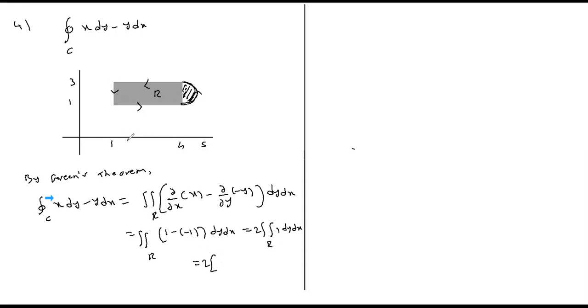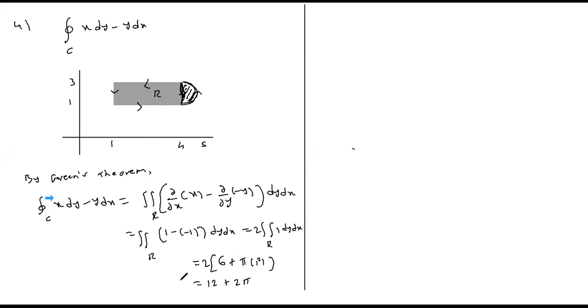Length is 1 to 4, the length is 3, and 1 to 3 the distance is 2, so 3 into 2 is 6, plus pi r square. What is the radius of the semicircle? Diameter is 2, radius is going to be 1, so 1 square. So when you simplify this, you are going to get 12 plus 2 pi. Do you agree?